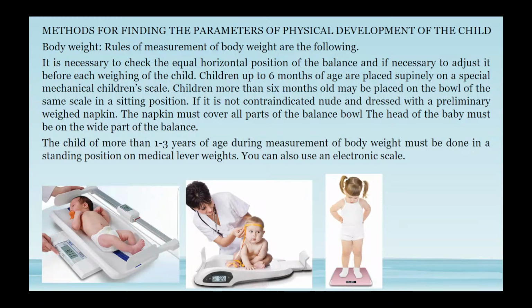What method do you use for finding the parameters of physical development of the child? For example, body weight. Rules of measurement of body weight are the following. It's necessary to check equal horizontal position of the balance and necessary to adjust it before each weighing of the child.